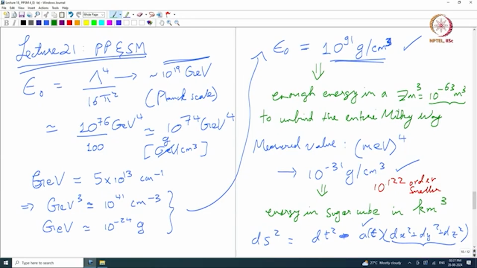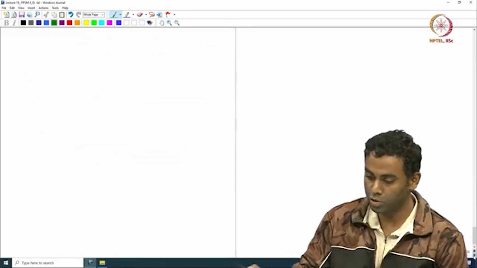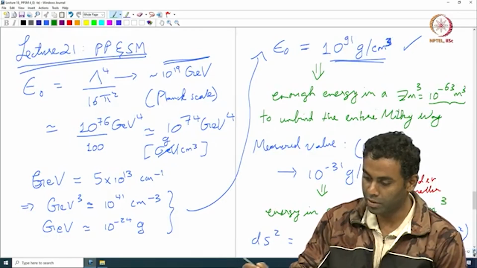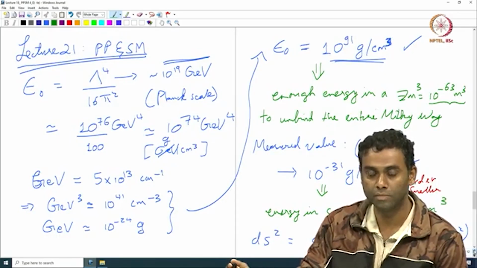This is not just exactly 10 power 91 grams per centimeter cubed, it actually has 91 decimal places. And then you are asking that, up to 122 decimal places, the E naught and the omega naught cancel each other off, so that I end up with a number that's so tiny that people once used to think it was 0 actually. Agreed?